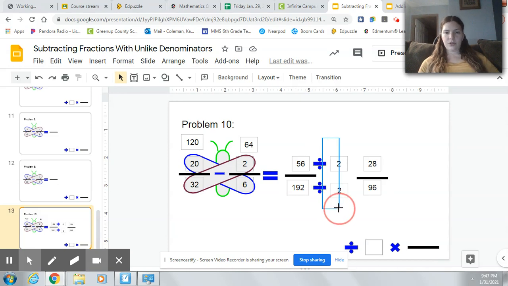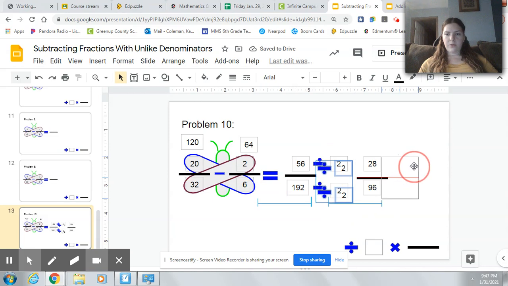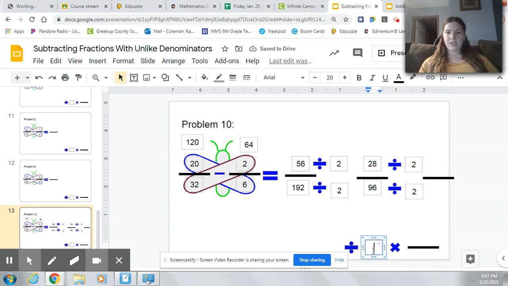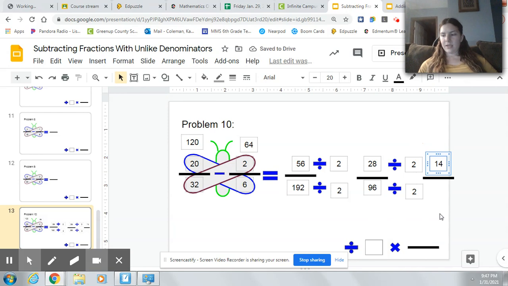I'm just going to do a little trick where I select this, copy it, paste it, and move it over. We're dividing by 2 again. And if I do 28 divided by 2, I'm going to get 14. 96 divided by 2 is going to be 48.